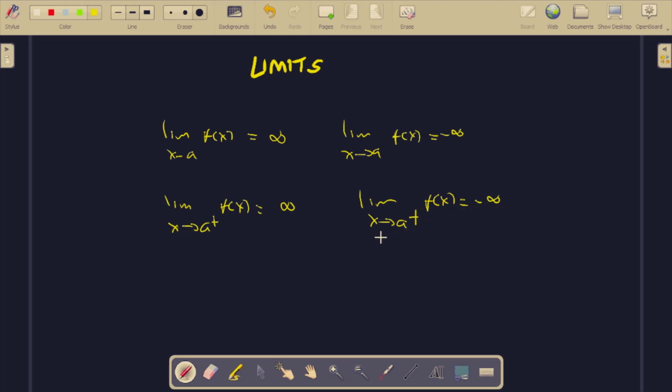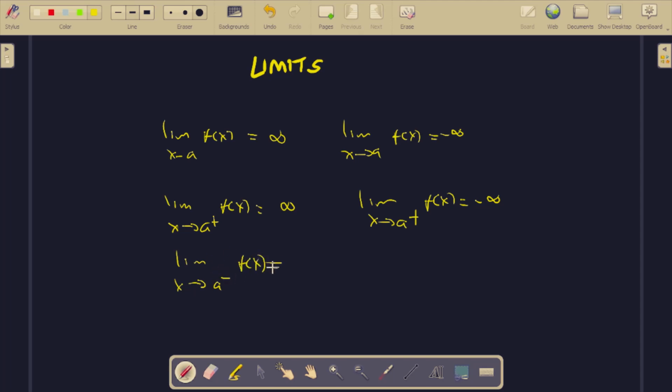Let me just use a plus here, and the limit as x goes to a certain value a minus, that is on the left hand side. So I'm just going to say a minus because it's easier than saying the entire phrase.